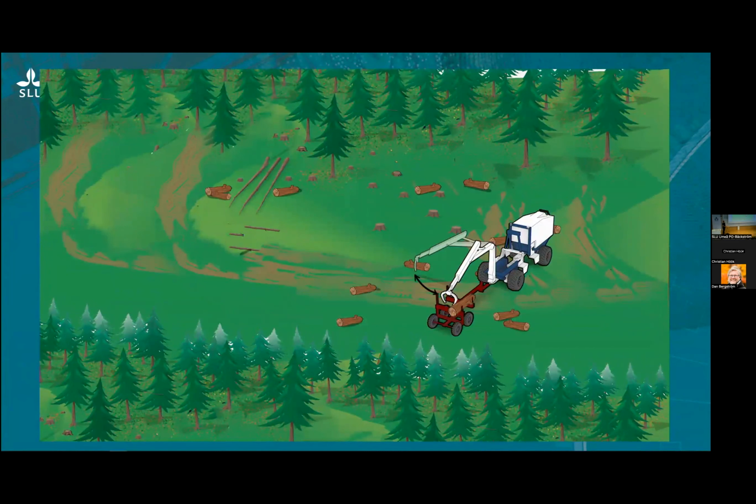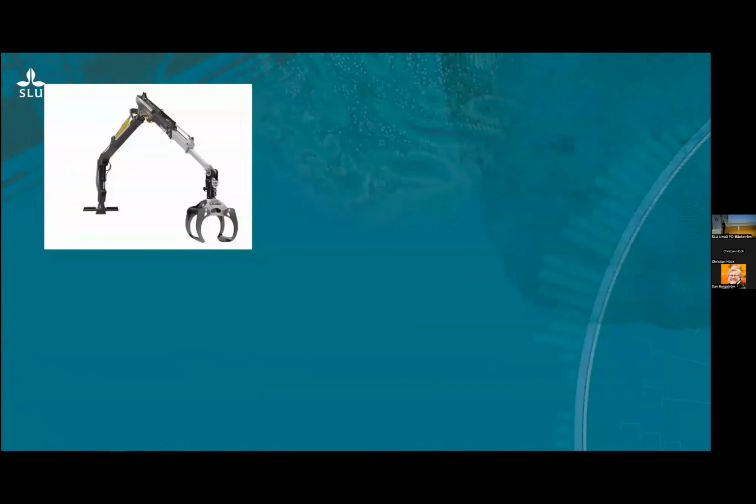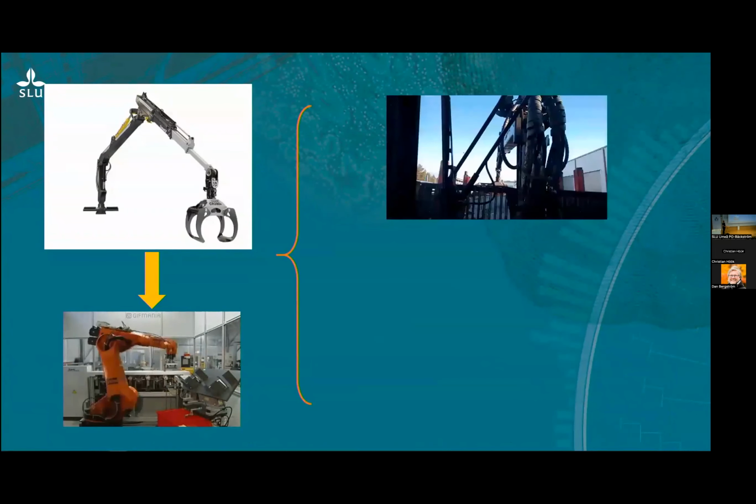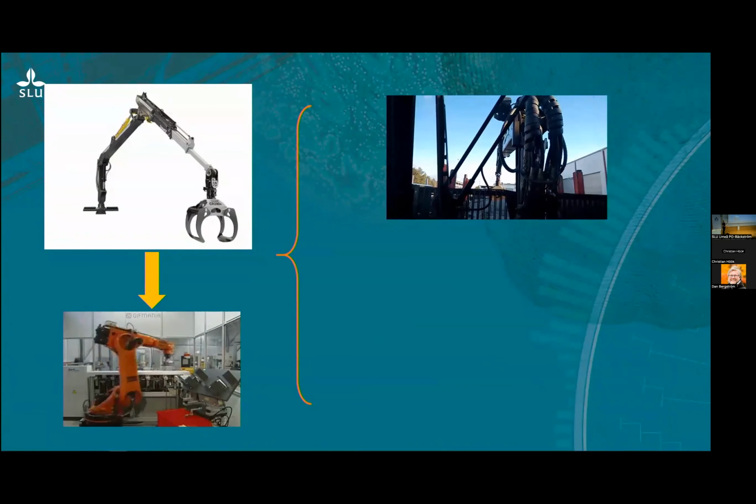In the example that Magnus was showing, this crane was doing some forwarding task. So now the question becomes, how can you fully automate this? The forestry cranes are related to industrial robots. But the biggest difference between them is that forestry cranes are very bouncy.